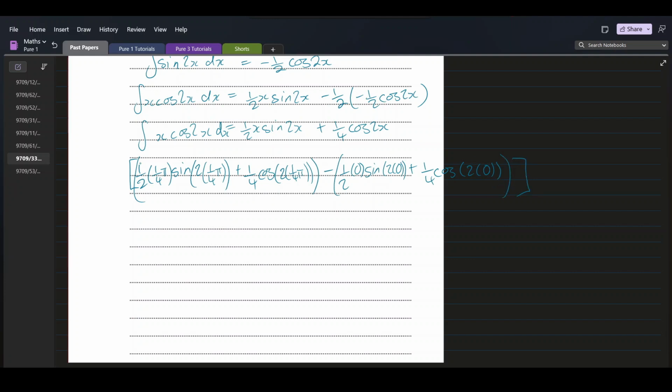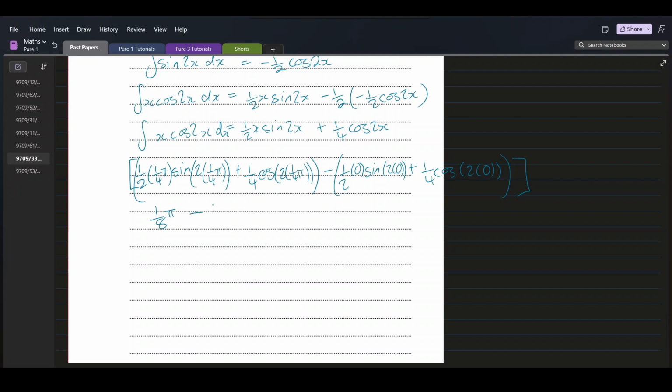Let's evaluate our upper limit, that's 1 over 2 times 1 over 4 pi times sine 2 over 4 pi, and that gives us 1 over 8 pi, and then we've got 1 over 4 cos 2 over 4 pi, which gives us a 0.